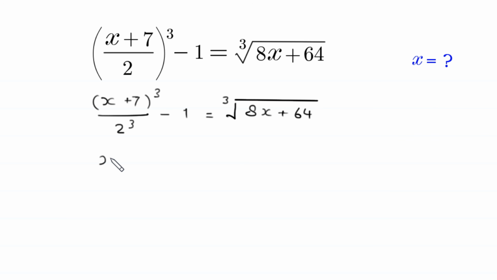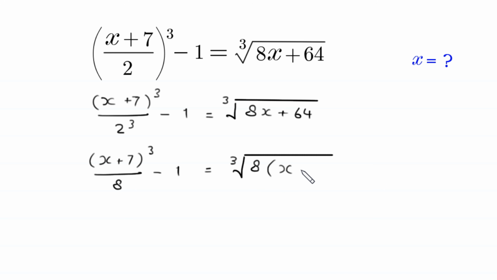Next, (x plus 7) whole cubed divided by 2 cubed is 8, minus 1 is equal to cube root of... From these two terms we can factor out 8 as common factor, and in bracket left x plus 8.